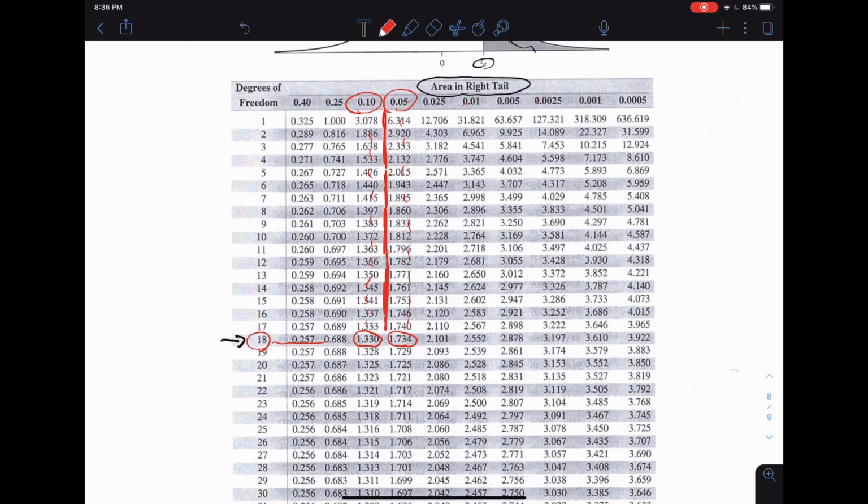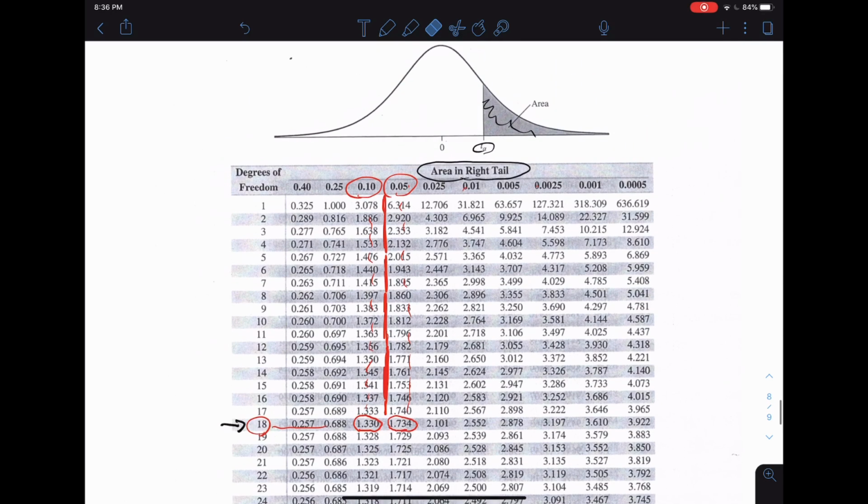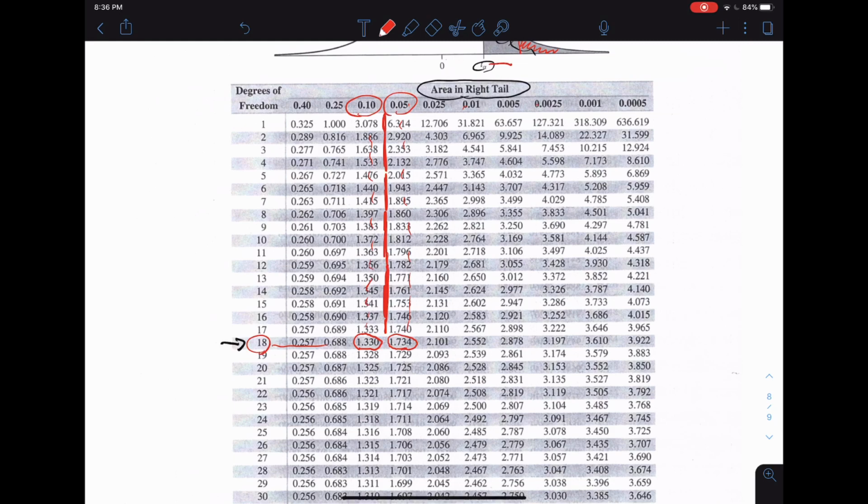Now, as the t value gets bigger, as you go to the right, the area gets smaller. So if I'm looking for a p-value right here, it's going to be between these two areas. You put this one first because that's the smaller area, and then this one's the larger. So 0.05 to 0.10.